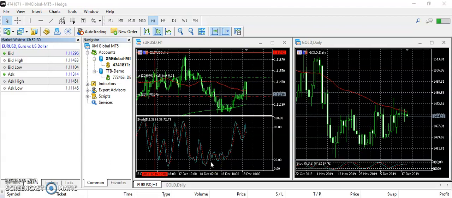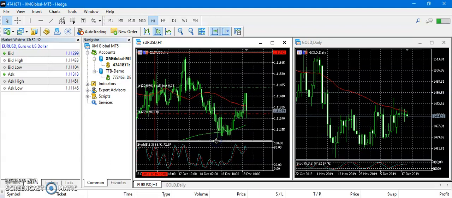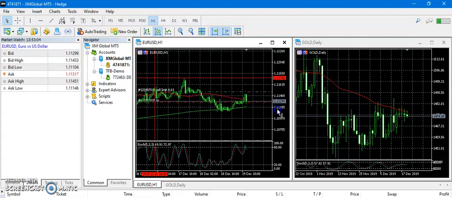Okay, so just before we stop this video, let's look at how to use your mouse to move your charts. If you see this point, you can actually drag this open and close. This area is reserved for your indicators. Some of your indicators appear here, some appear on the main chart. And then on this side of the chart that displays the price, you can actually shrink it up and down like this.